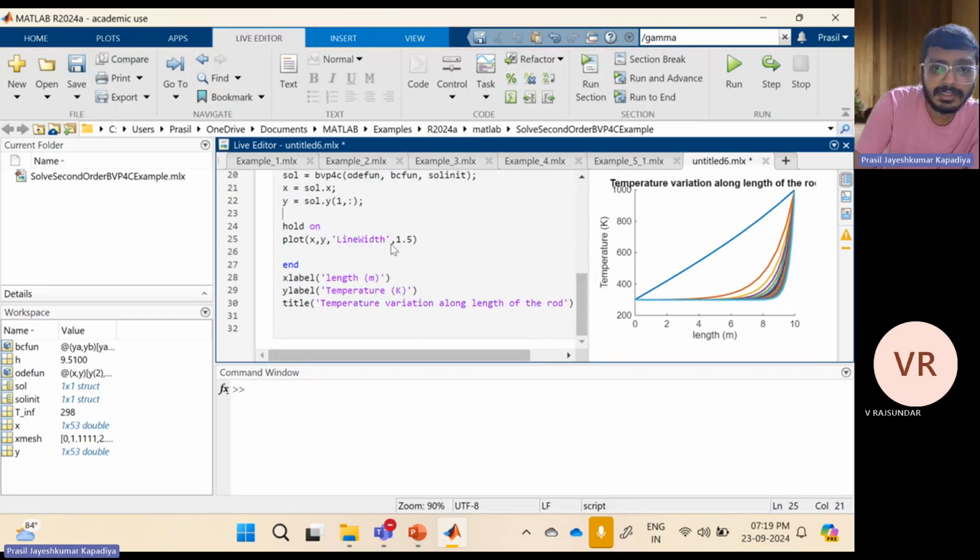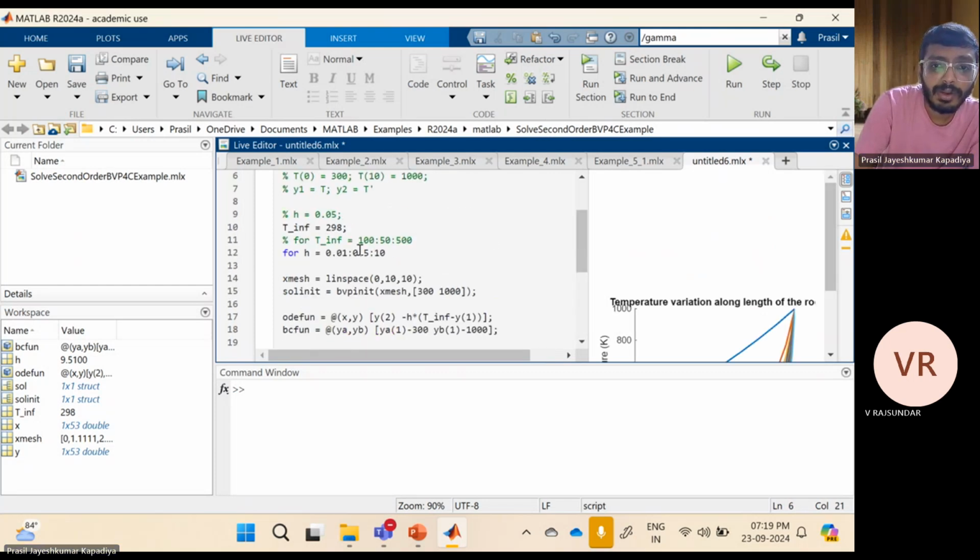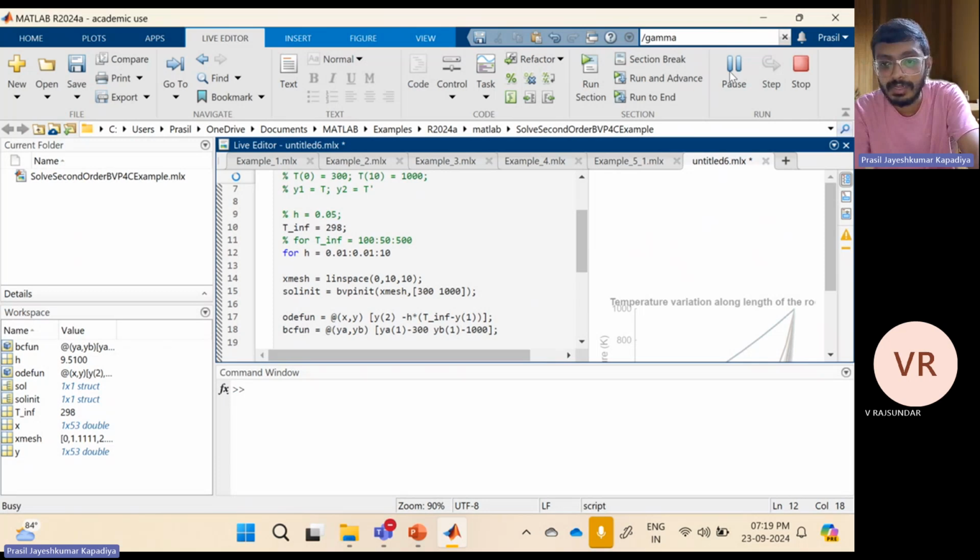Let's take a wider range. What I have taken is 0.01 to, let's say, in intervals of 0.01. So it will be a bit slow. It will take some time to show the results.